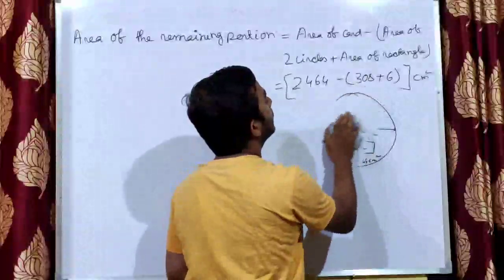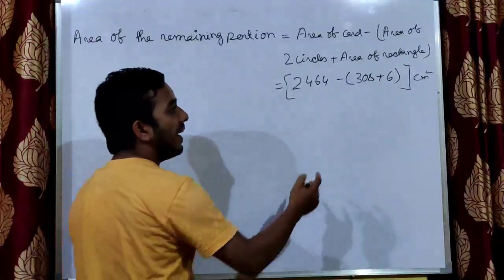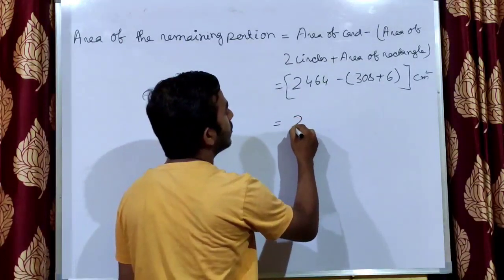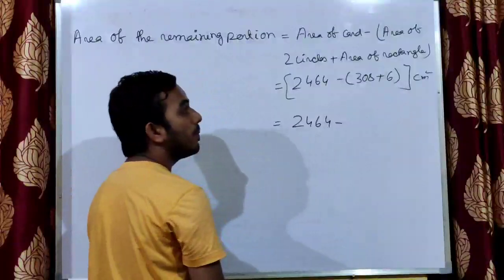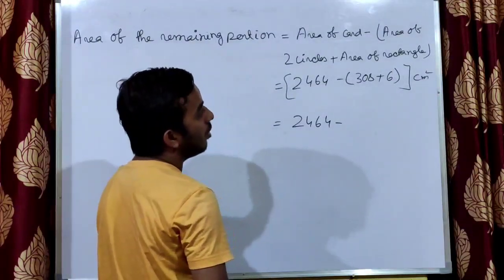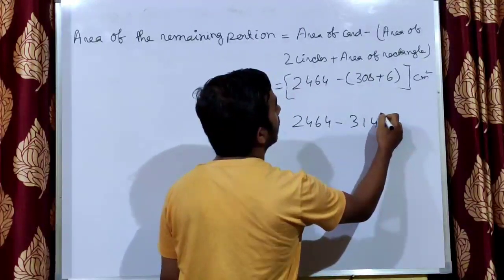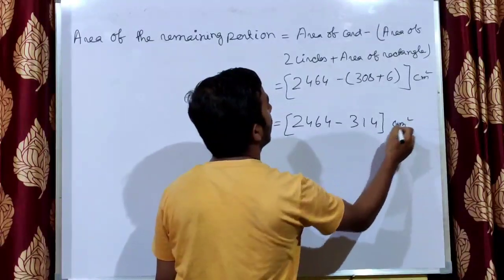So now first of all we will add these two, then we will subtract from this. That is 308 plus 6 is 314 centimeter square.